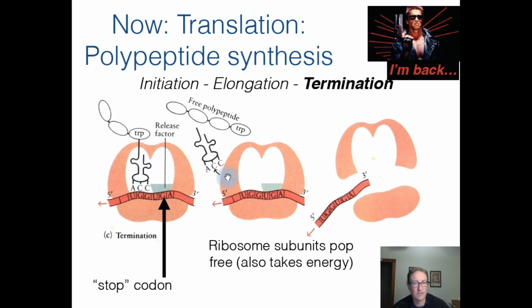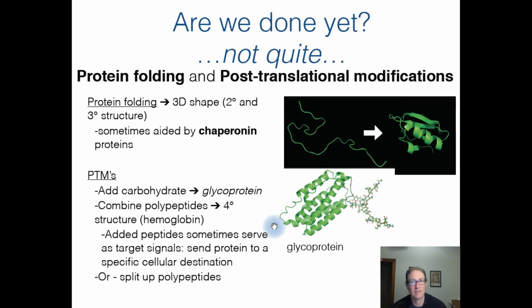With this release factor, the ribosome is able to pop off and free itself from the mRNA, and the process of translation has ended. And we have a new free polypeptide from this translation process. Again, this isn't an energy-free process either, but we've eliminated showing you that just to simplify this process.